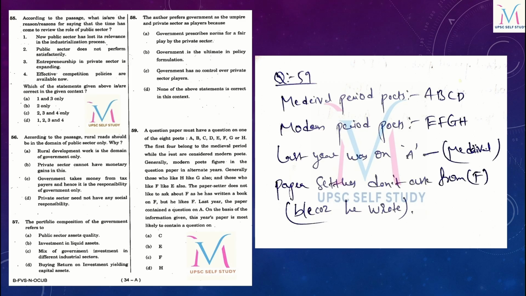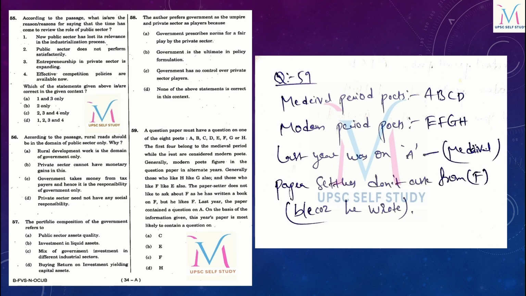Last year was a question on A. A means medieval, right? If the question is on A, this A is related to medieval. So this time it has to come from the modern. But the paper setter does not like F, since he wrote F. Since he likes F, now it will be the question from E, because those who like F like E also, right?